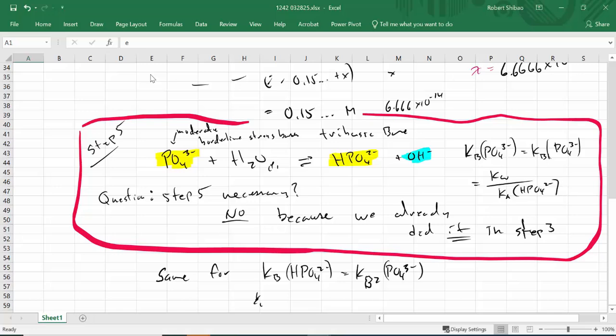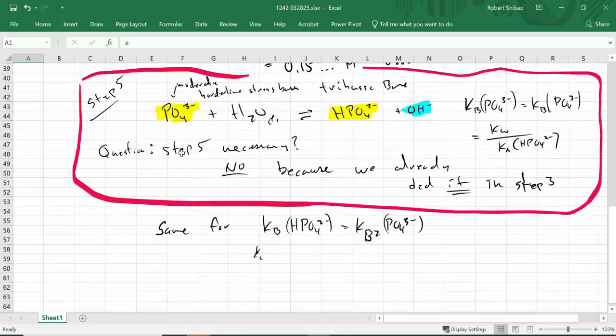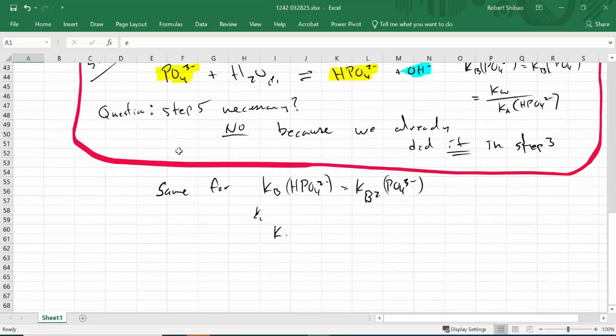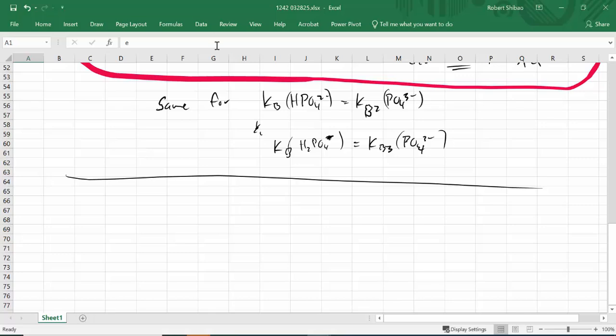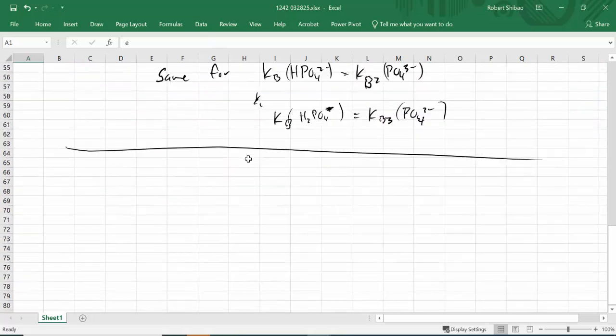And Kb for dihydrogen phosphate, which is Kb3 for phosphate. So when would we do these Kbs? When we do these Kbs is if it's a base solution. We do these Kbs here in the next example, but before I do that, let's complete this problem here.